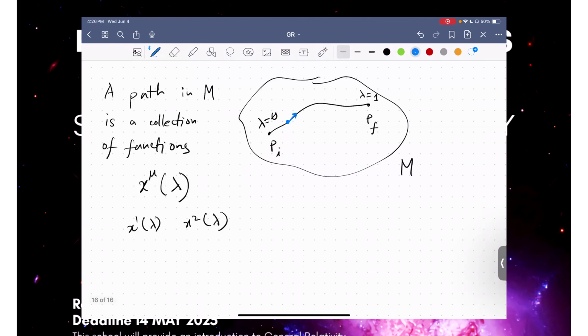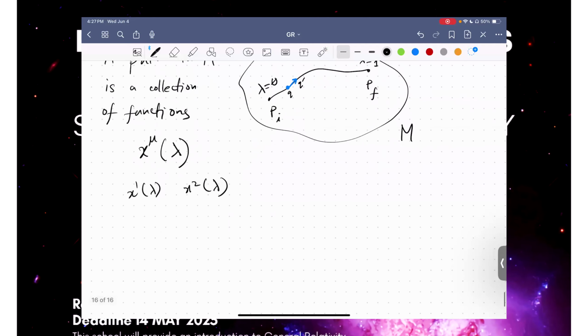Let me give some names to these points. Let's say this is Q and this is Q prime. But again, we have to remember that Q and Q prime are very close. So what's happening then? You have x mu of Q minus x mu of Q prime.